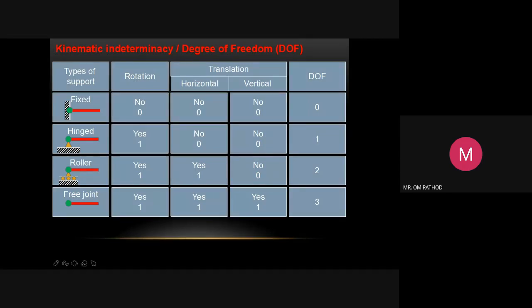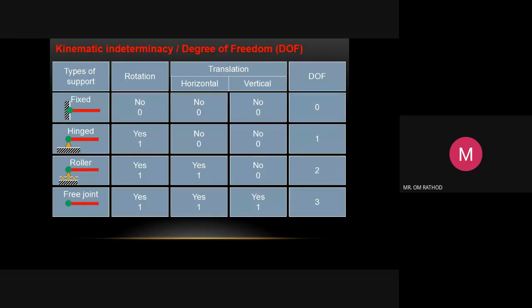It is restrained in all directions, meaning it will not allow the structure to displace along x or y, or to rotate. So the degree of freedom in the case of fixed support is 0.